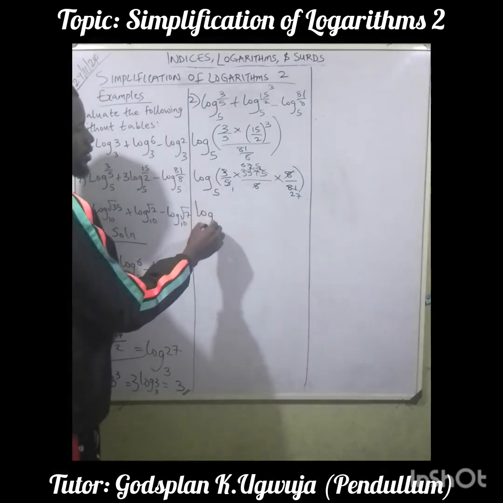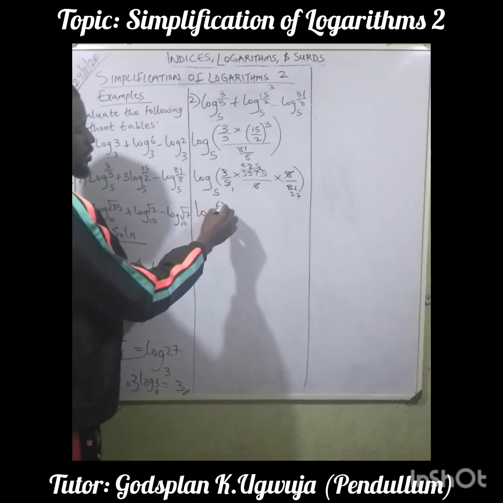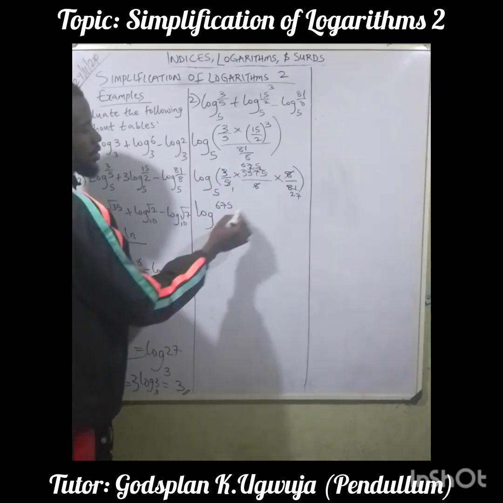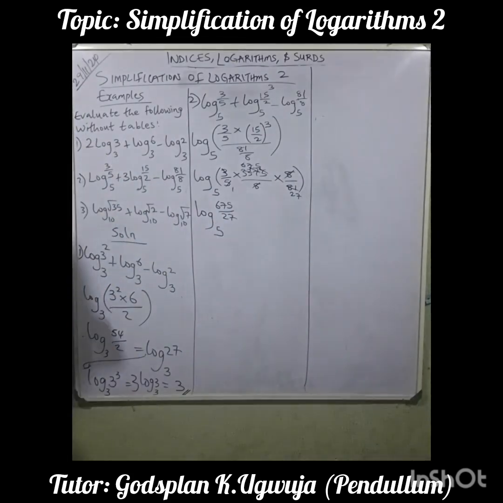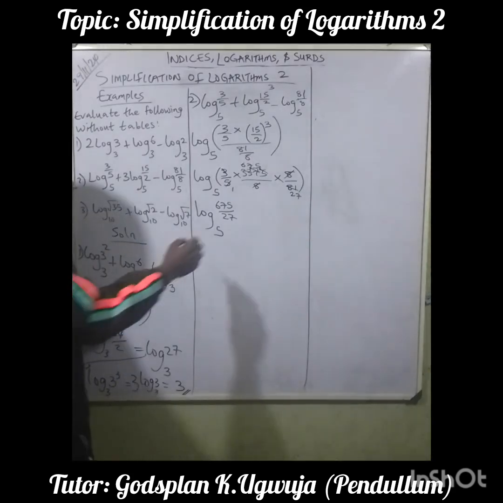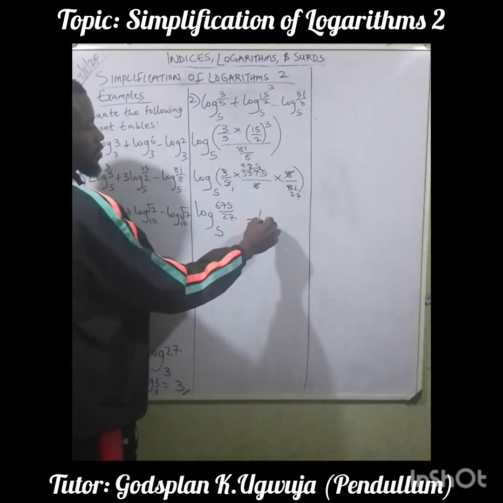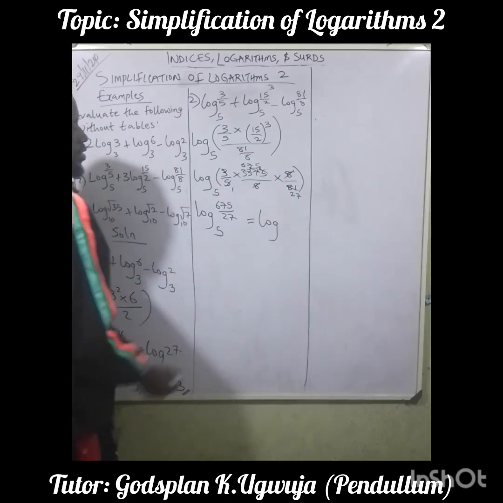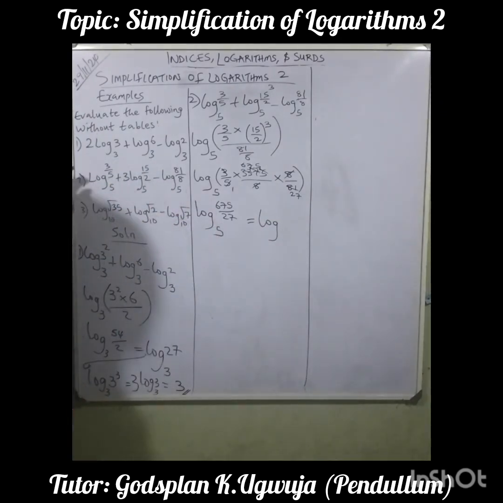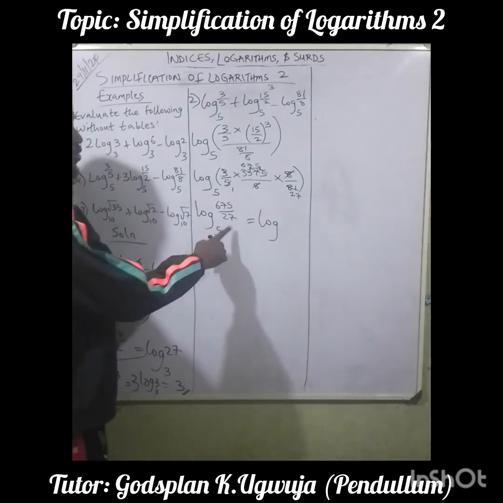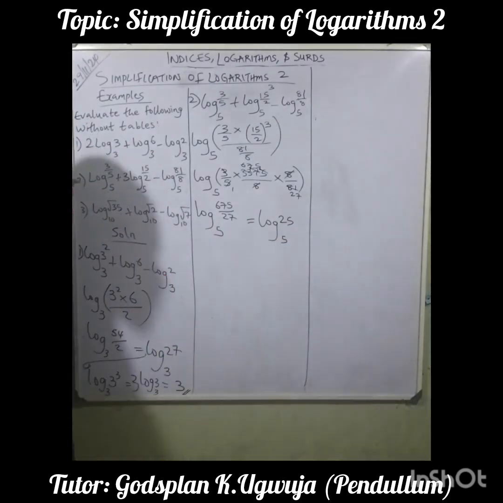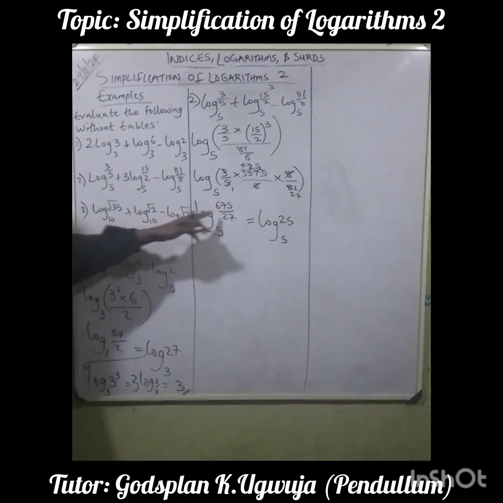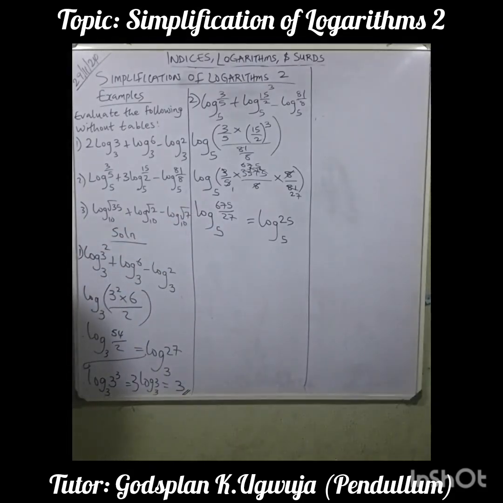So we have log 675 up here all over 27 base 5. Now if you divide this, I think you're going to get log 675 divided by 27 should give you 25 base 5. You can confirm it with your calculator, but I think that's what it will give you.